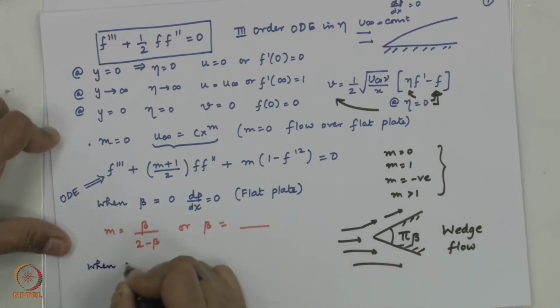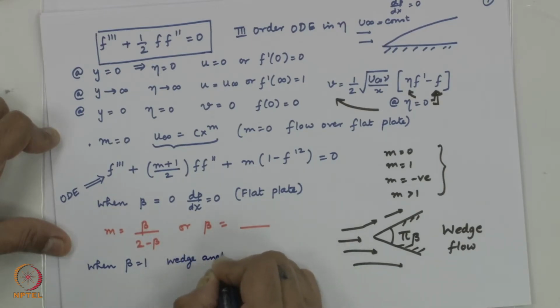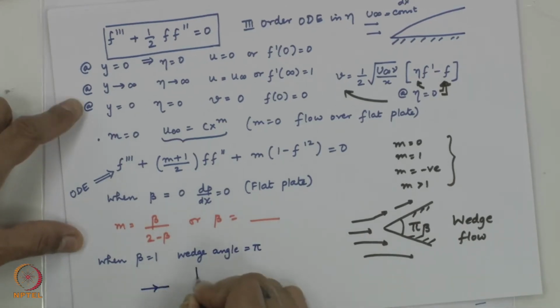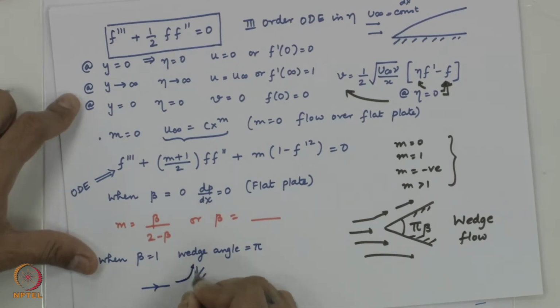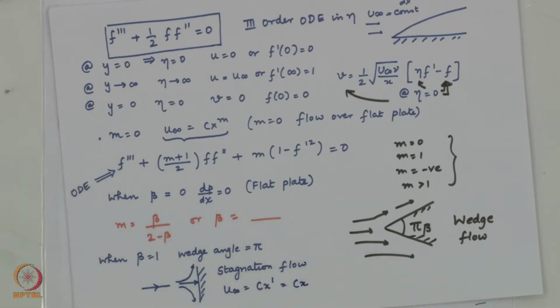When beta equal to 1, or the wedge angle is pi, it represents the case of flow hitting a vertical plate, and this is called a stagnation flow problem. Stagnation flow problem, u infinity is Cx to the power 1, which is Cx.